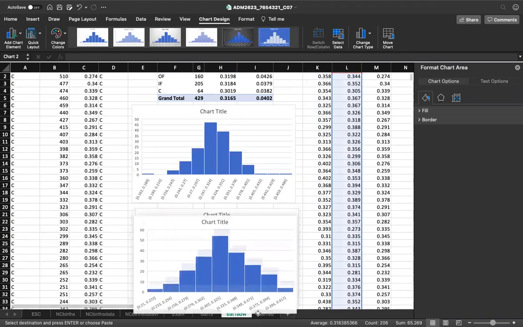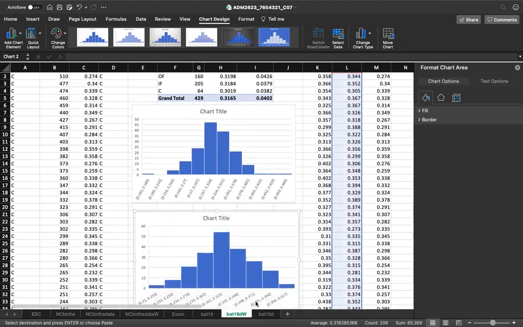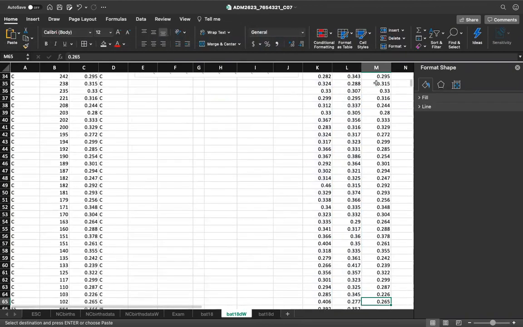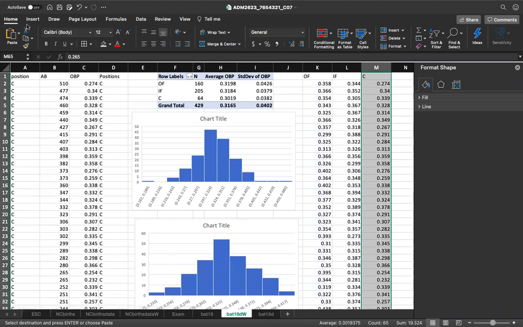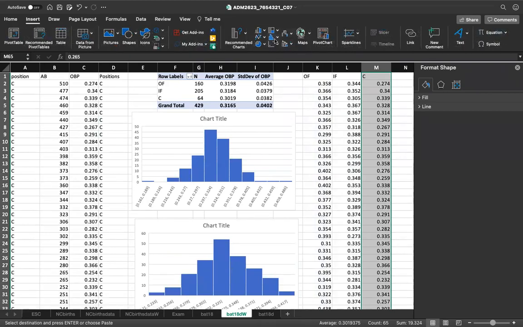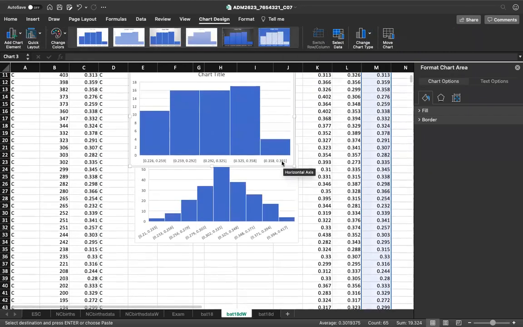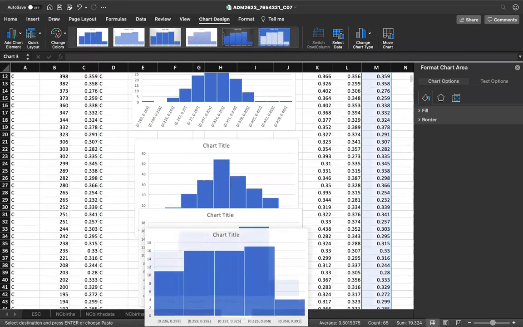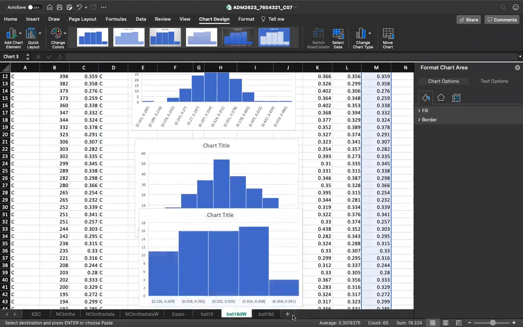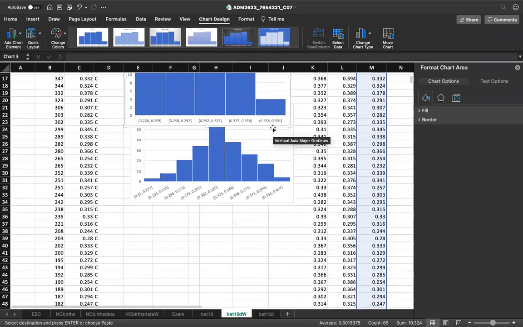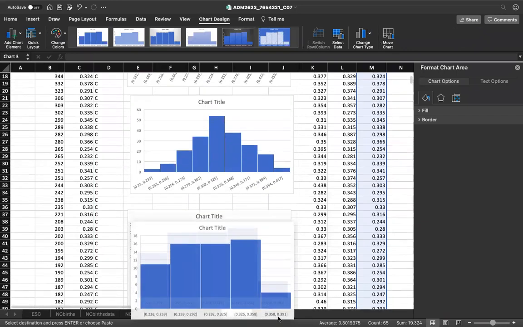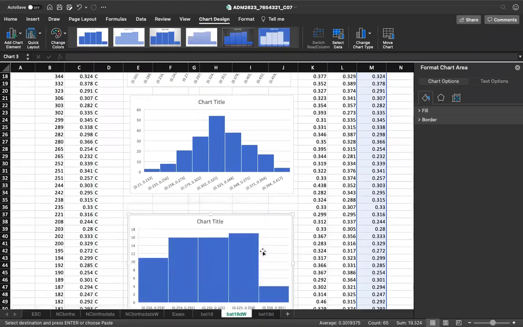This is histogram number 2. We get the histogram number 3. But the point is, it doesn't seem to have done a great job of creating the appropriate bins.